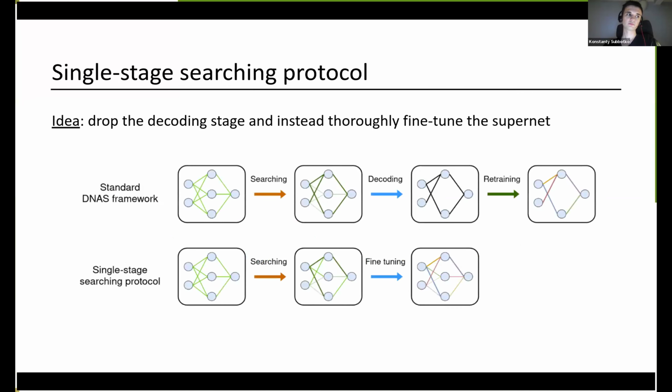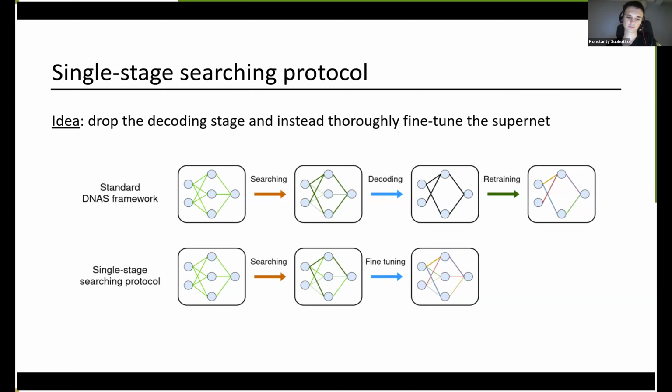So how do we get rid of the discretization error completely? Well, our idea is simple: to just not discretize anything at all. In the standard DNAS framework, we would train a continuous supernet, then discretize this continuous architecture to a lightweight discrete architecture, and then train this discrete architecture from scratch.